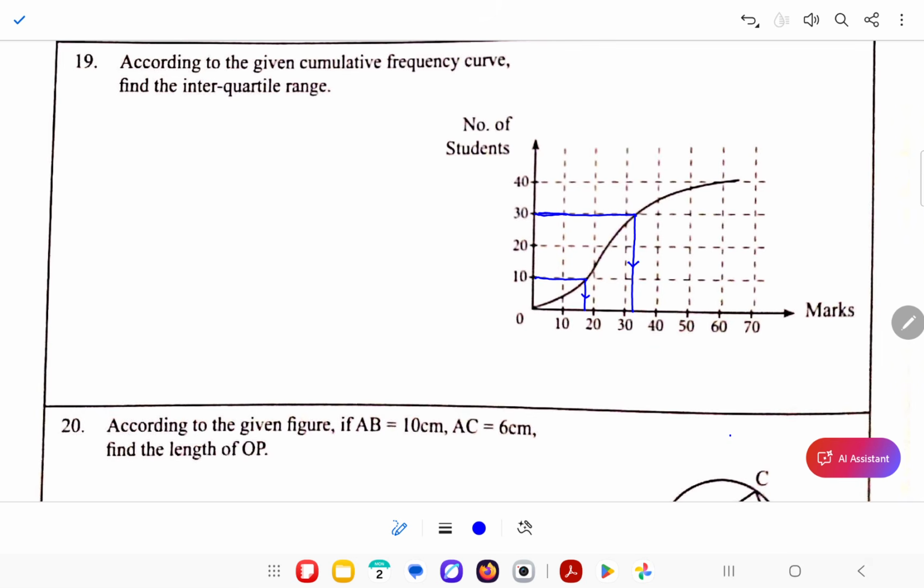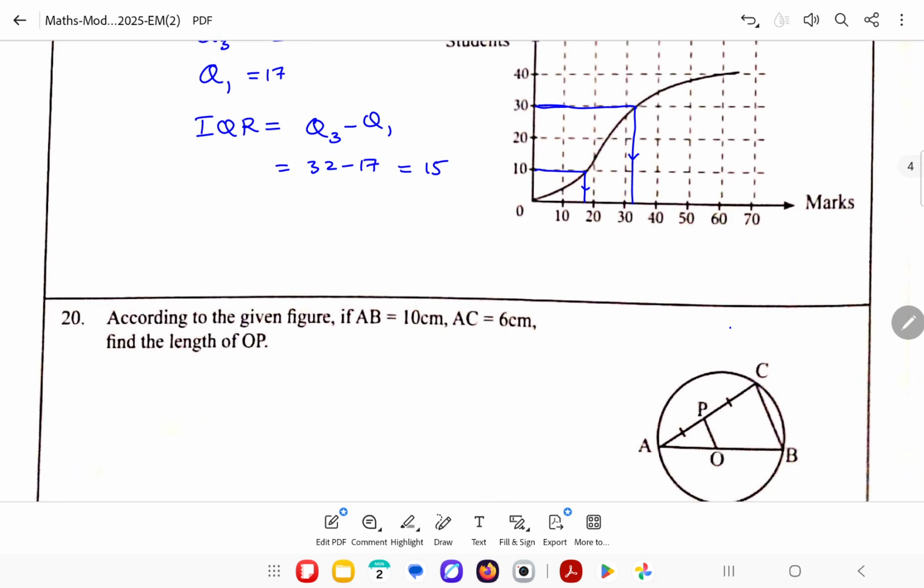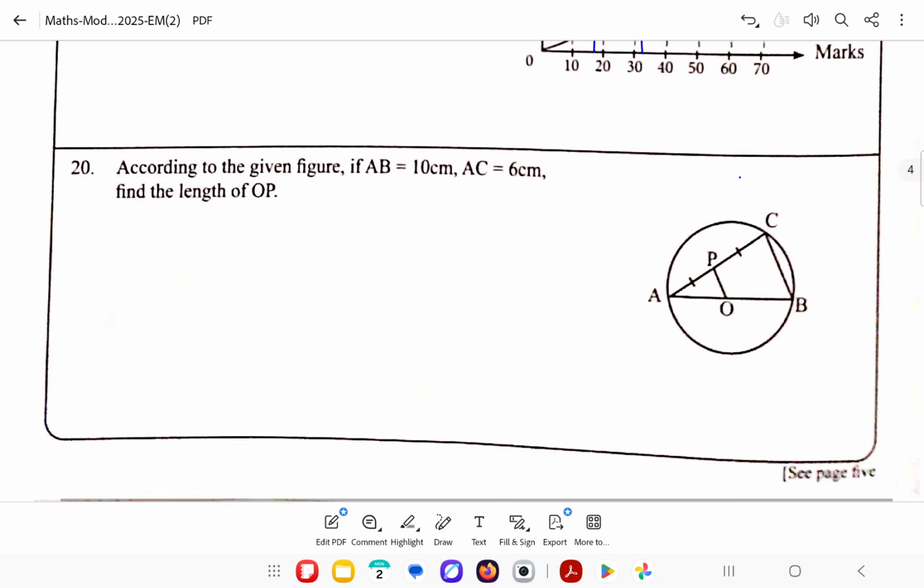That looks like 32, no? Q3 looks like 32. Q1 looks close to 17. So interquartile range, Q3 minus Q1, 15. Right.